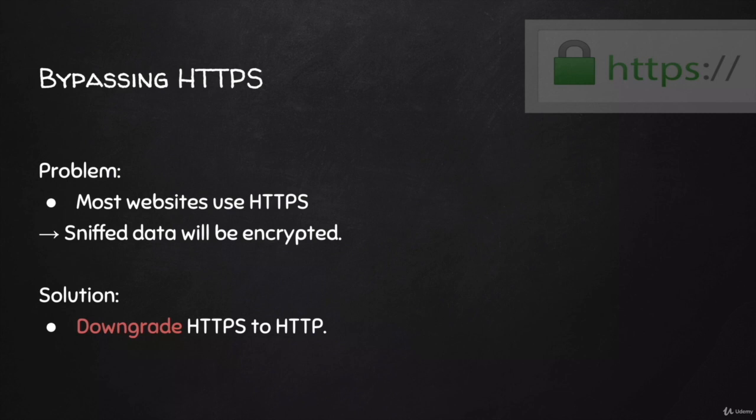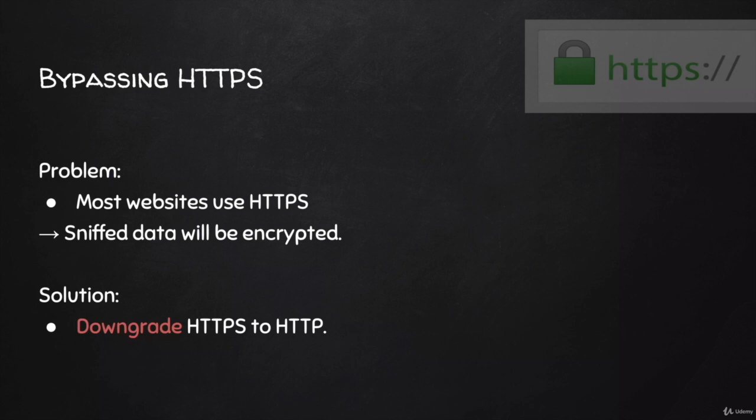This way, the data will be sent in plain text and we'll be able to read it exactly as I showed you in the previous lecture. To do this, we'll have to manually configure and use a tool called SSL strip. And I show how to do this in my more advanced courses. But luckily, BetterCap has a caplet that does all of that for us.